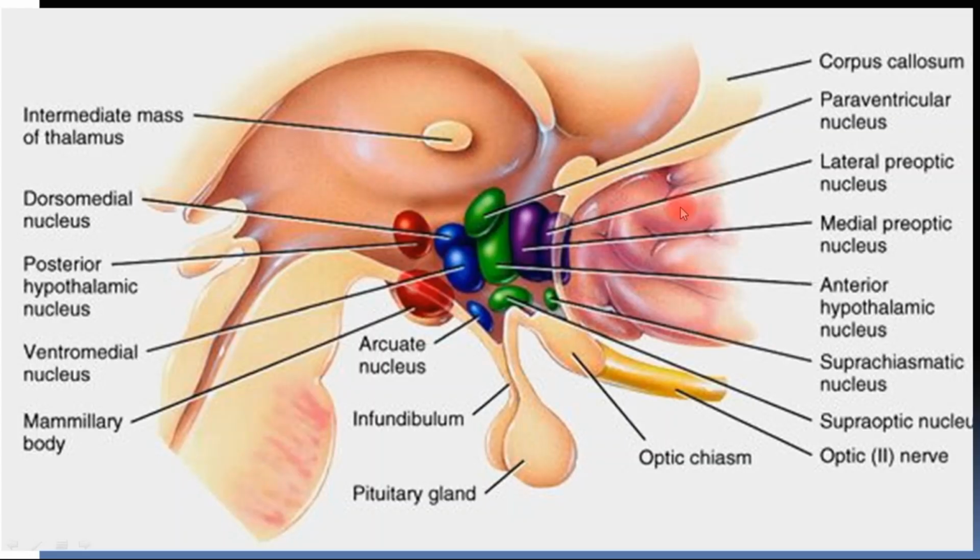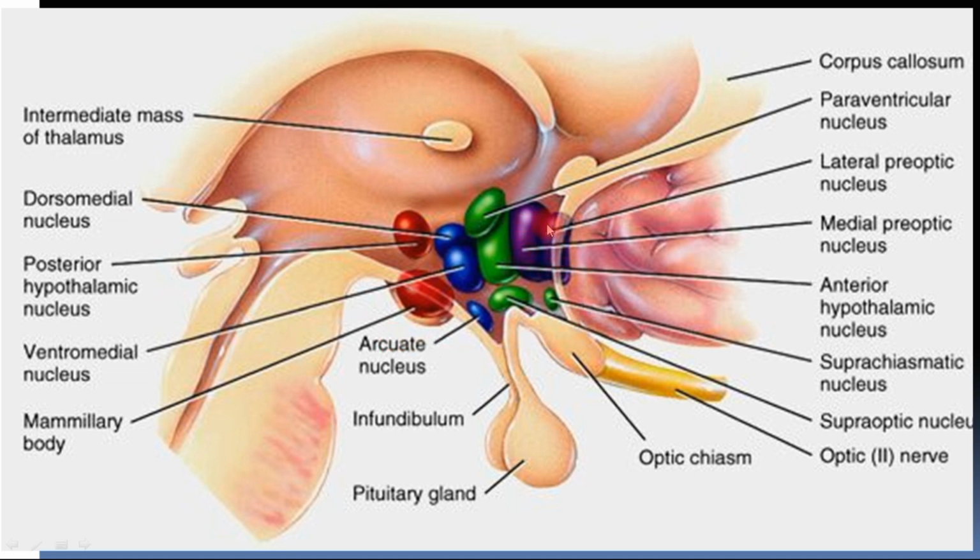So according to the classification in anterior posterior regions, let us have a look at various nuclei in those regions. So what was the first region? This is the anterior part of the brain and the posterior part of the brain. So anterior part of hypothalamus, above here is your thalamus, and the posterior part of hypothalamus.